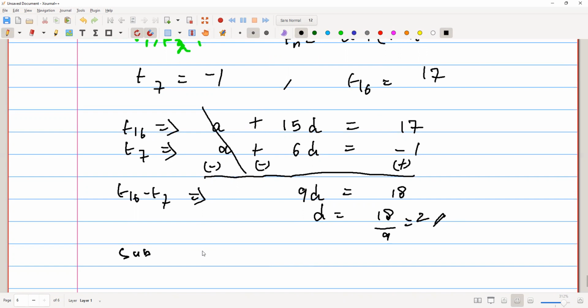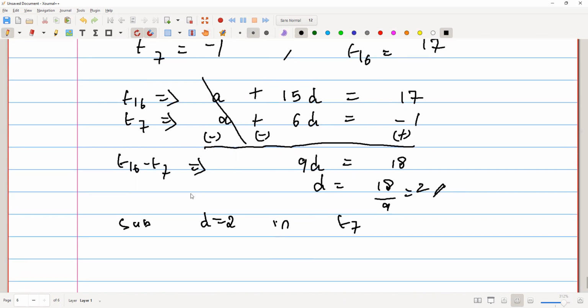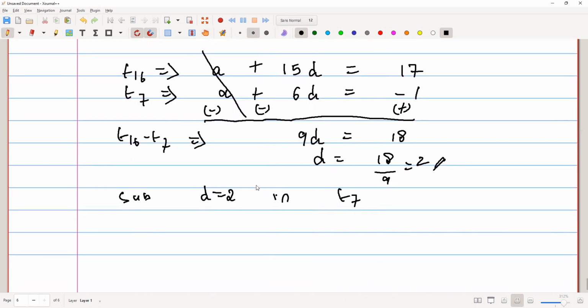Substitute D equal to 2 in any, in T7, whatever it is, T7 or T16. Why I'm substituting T7 is the numbers will be minimum. All right. So D I know, T7, A plus 6 into 2 equal to minus 1.